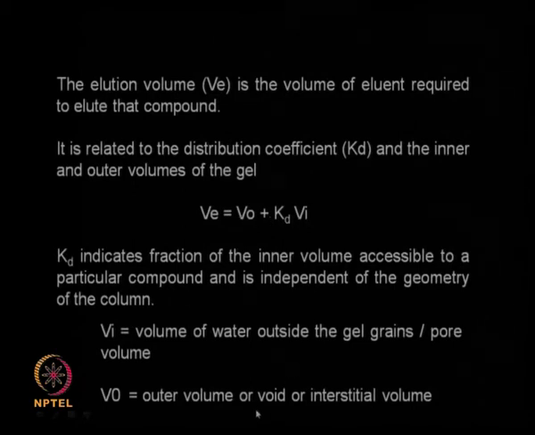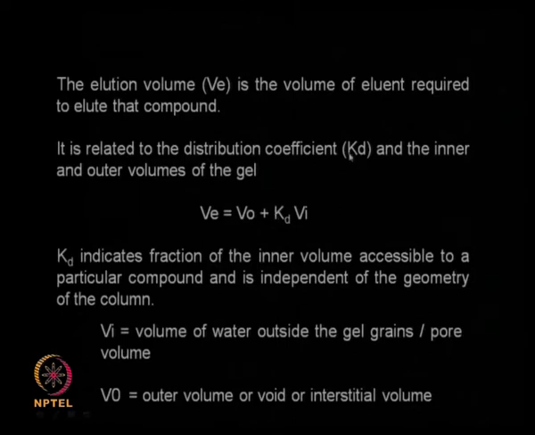V0 is the void volume as I said, or interstitial volume, okay, that is the excluded volume. Now Vi is the volume of water inside the gel grains, that is the pore volume. So you have solvent present in the interstices, solvent present inside the pores, right. Now those are the two terms coming in, V0 and Vi. Now there is a term called Kd.